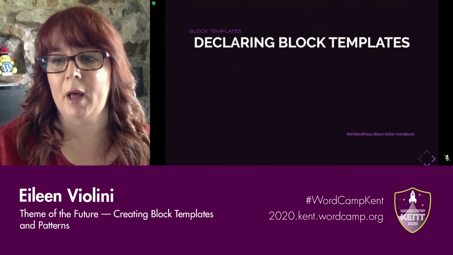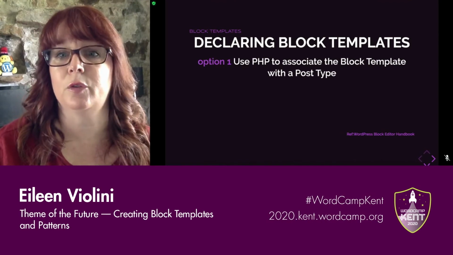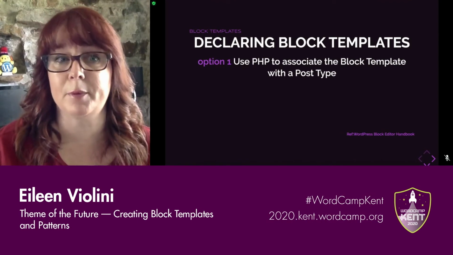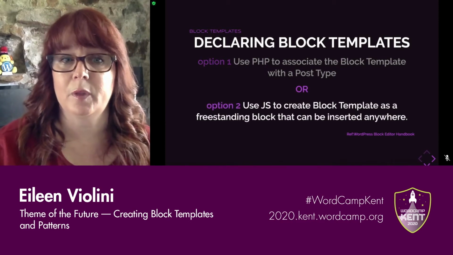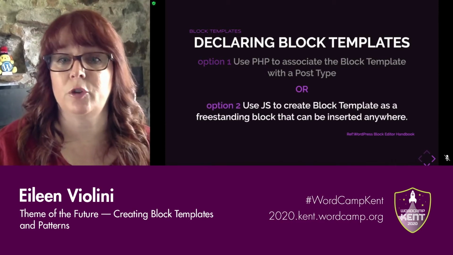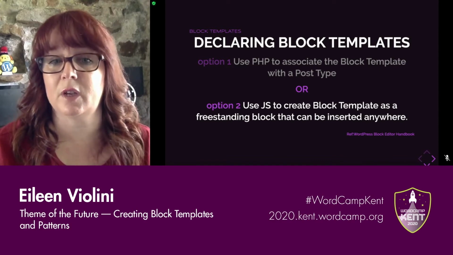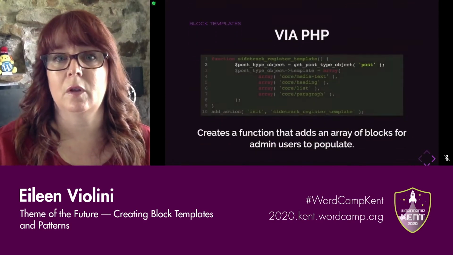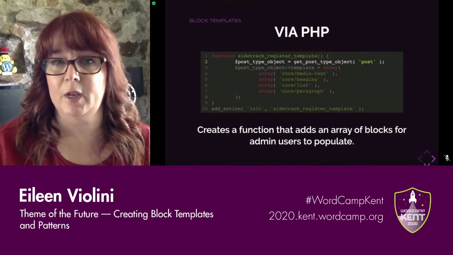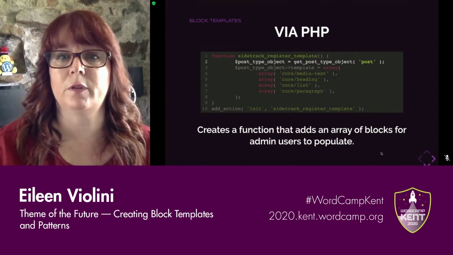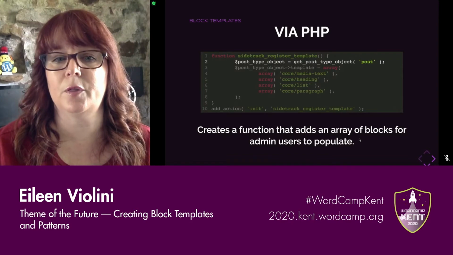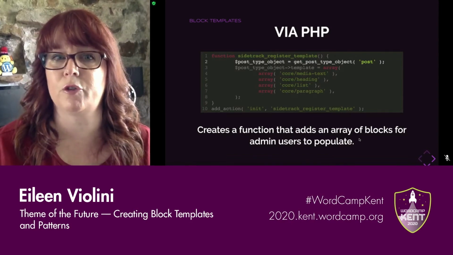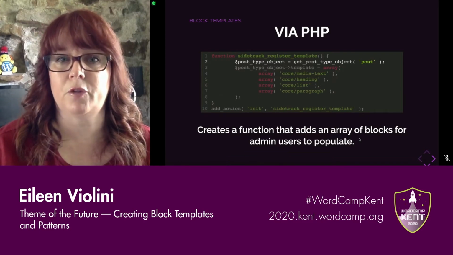So declaring the block template, we can use PHP to associate the block template with a post type, or we can use JavaScript to create block templates as a freestanding block that can be inserted anywhere. To do it via PHP, this is a little code snippet. This creates a function that adds an array of blocks for the admin users to populate using the post type object.